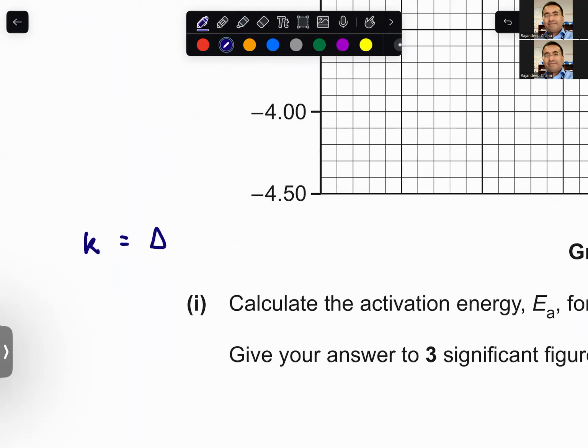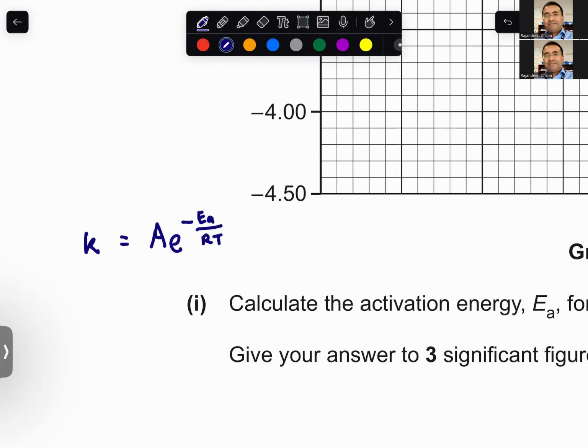K is equal to the frequency factor, A, multiplied by e to the power of minus EA over RT.